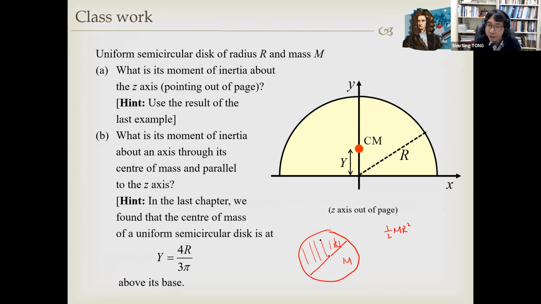Now, because the moment of inertia is a summation, that means you can separate the summation into two equal parts with equal contribution. For the shaded part, and for the unshaded part, you also have another term like this. So each term corresponds to the contribution of one of the semicircles.